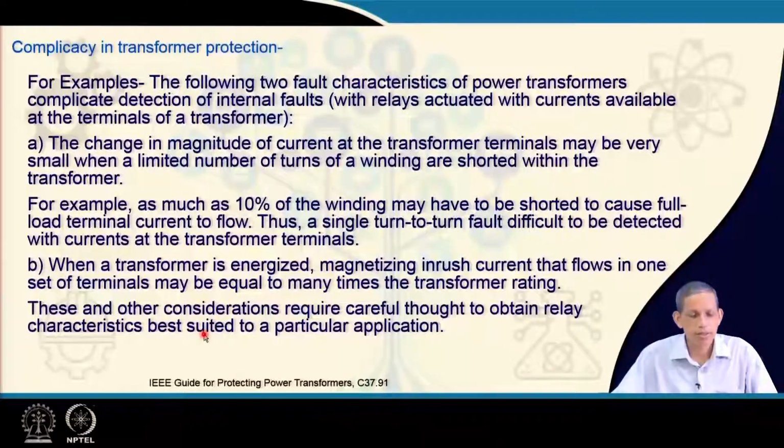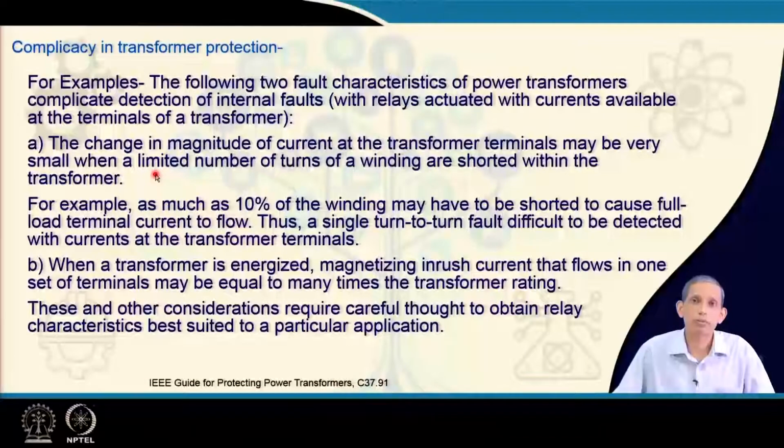The transformer is a static device, but it has numerous protection challenges. Just to start with, we have one example here. The change in magnitude of current at the transformer terminals may be very small when a limited number of turns are short circuited.